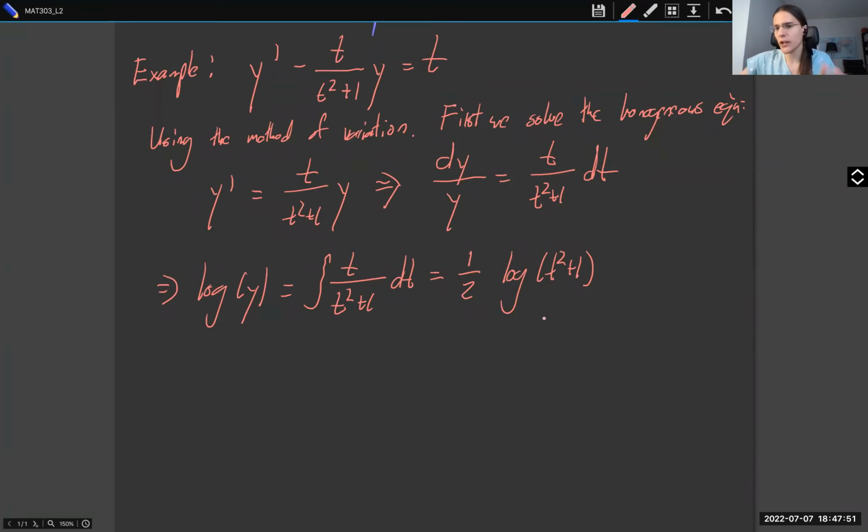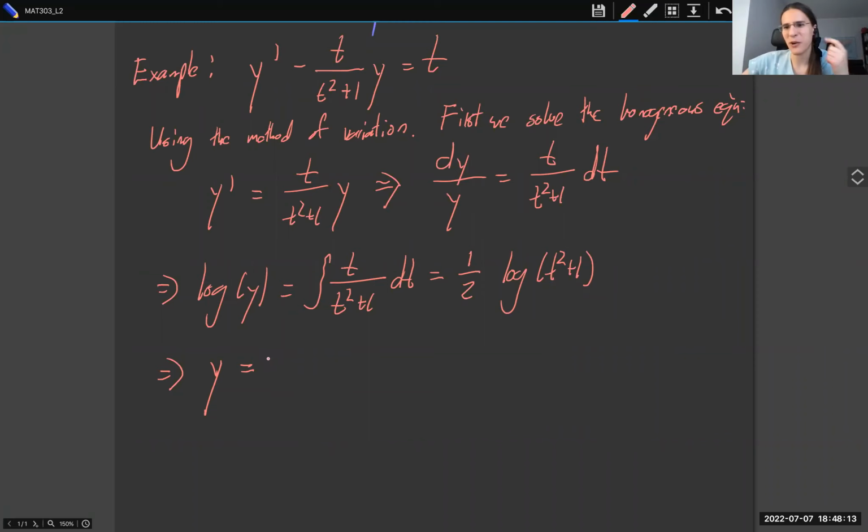We just want some solution. So when we exponentiate, we get that y is equal to what? t squared plus 1 to the 1 half.